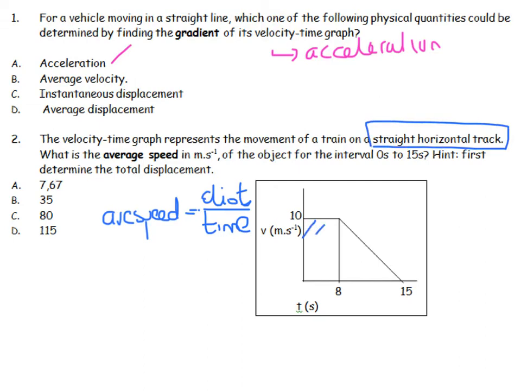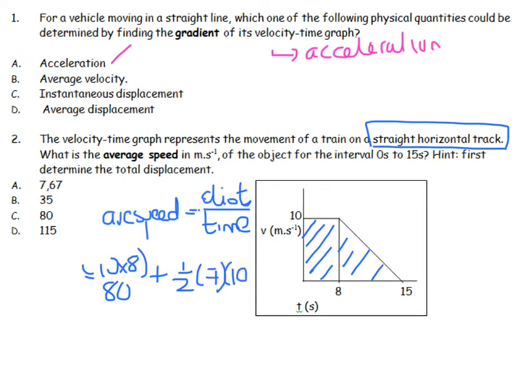So first let's work out the area underneath this graph, and when we do that, we're going to get a rectangle at 10 times 8, which is going to be 80, plus half of a base, which is 7, times 10, which is going to therefore be equal to 35, and I land up with 115 meters.